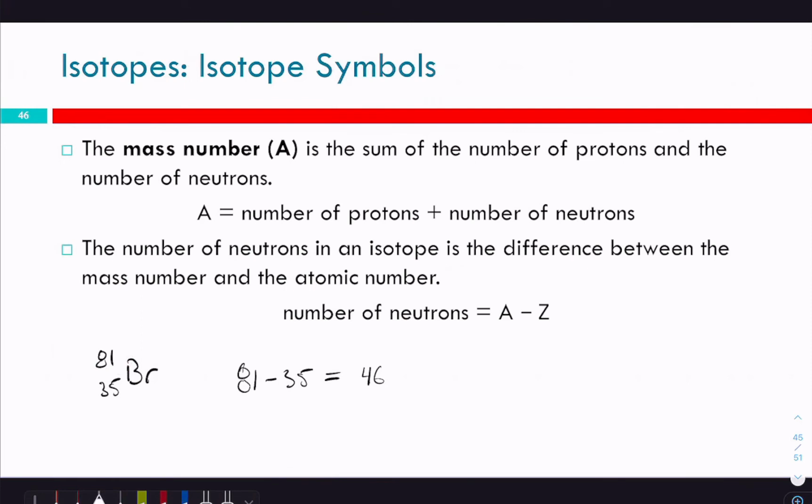Well, an example of a question that might be asked like that is, let's just use bromine again. An isotope of bromine has 45 neutrons. What is its mass number?